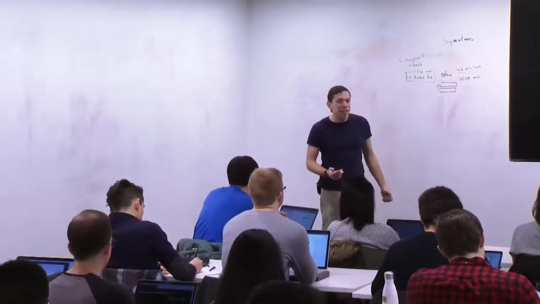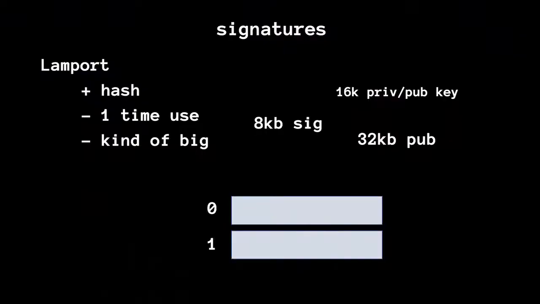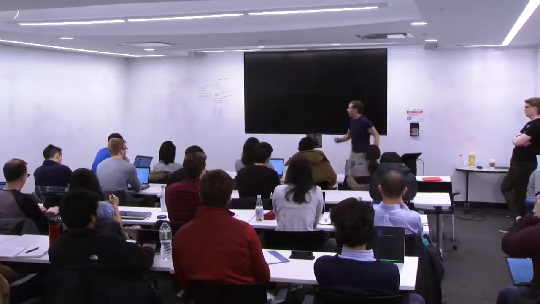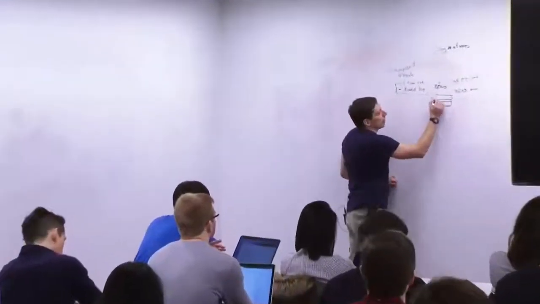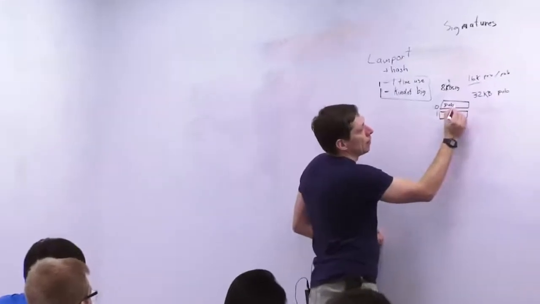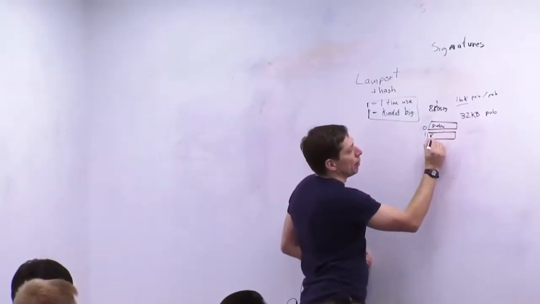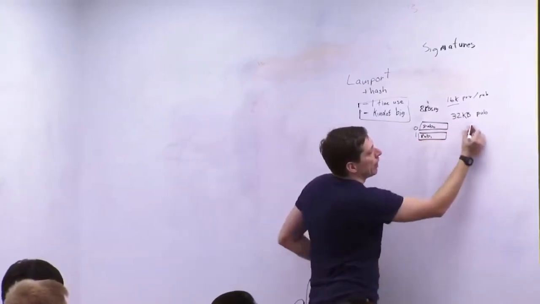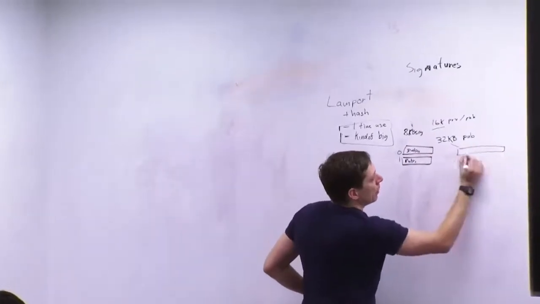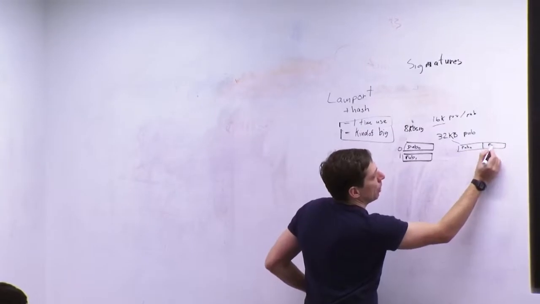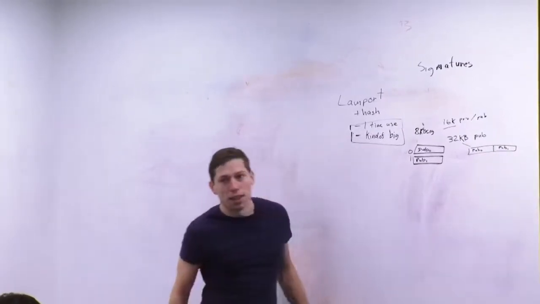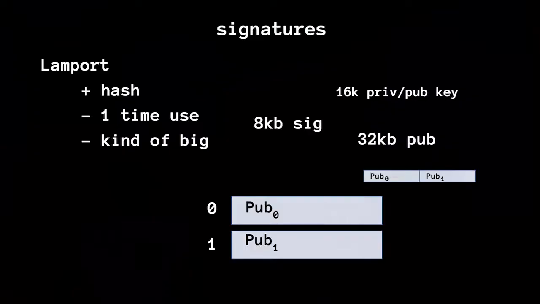Any clever ways to do it more efficiently? I'll give you a hint. Let's say this is pub sub 0 and pub sub 1, and your 32 kilobyte pub key is just them concatenated together, pub 0, pub 1. What would happen to the private keys in this case?